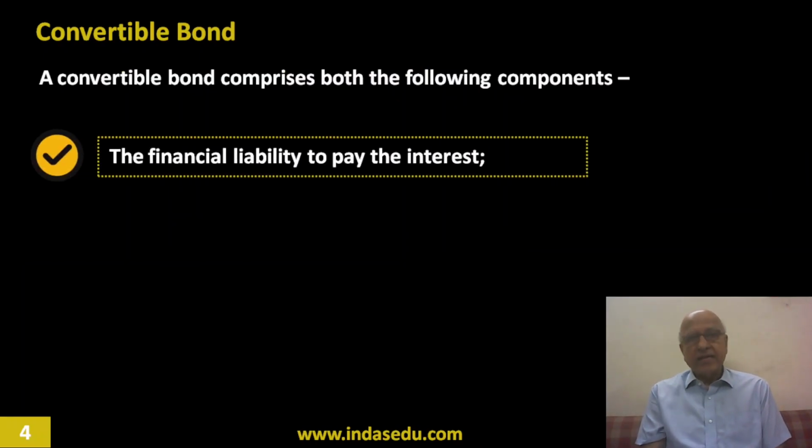I told you earlier it has one liability component and one equity component. The liability is to pay interest at regular intervals during the tenure of the instrument. This is the present value of the ultimate obligation that we need to work out.